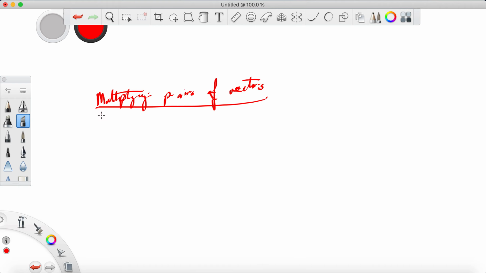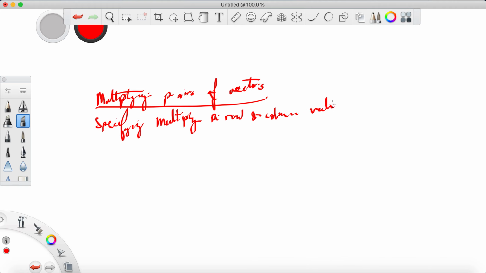Specifically, we're going to multiply a row and column vector.